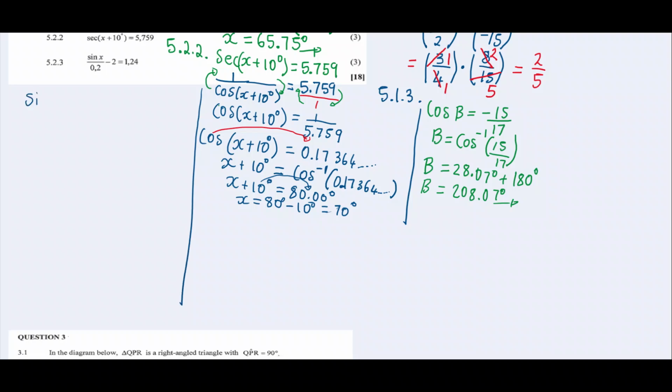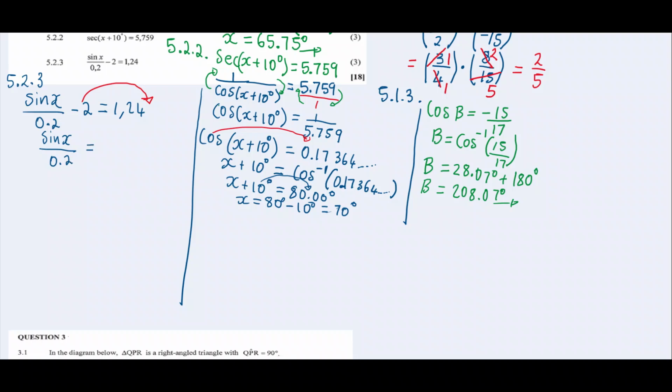Can we just quickly do the last one there, the 5.2.3. So sine x over 0.2 minus 2 is equal to 1.24. One thing we can do here that is very important is to transpose the 2 to the right hand side.